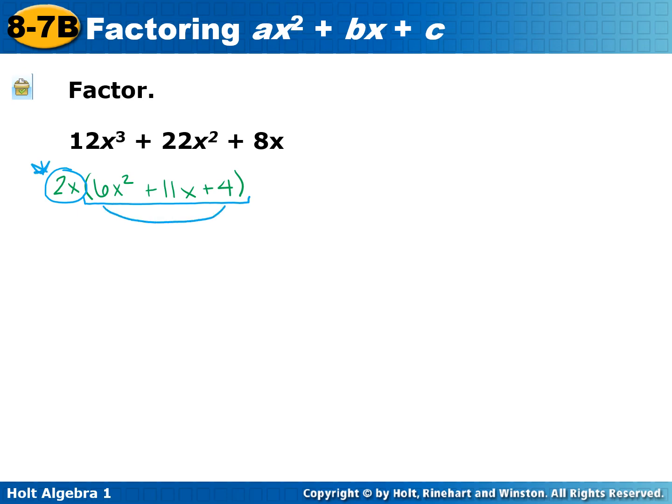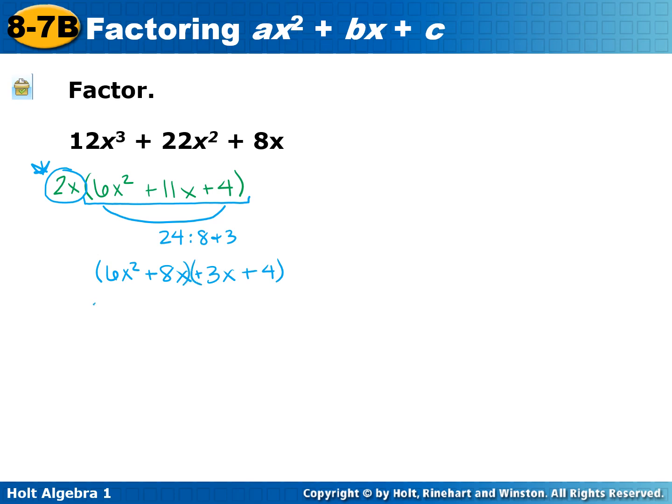So 6 times 4 is 24. Since c is positive, factors of 24 that add up to 11. 8 and 3. So I have 6x squared plus 8x plus 3x plus 4. I'm going to group these.